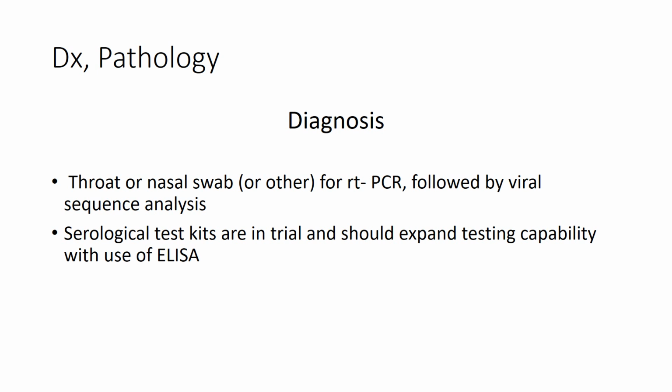What happens with this sample is it is processed in a process called real-time PCR, which is polymerase chain reaction. And what that is, is a way of amplifying the RNA, turning it into DNA, amplifying it, and using it for the sequence analysis, the type of thing that I showed with the data earlier with the phylogenetic analysis. They are essentially looking for a fingerprint or certain sequences that are unique to the virus that allow it to be identified.